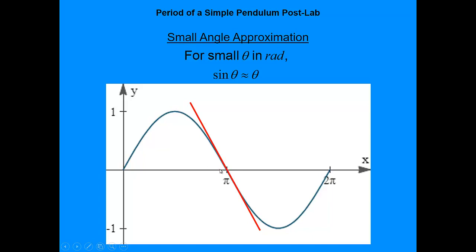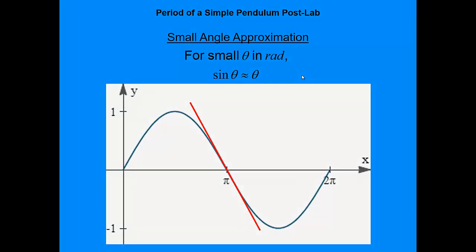If we go a little bit to the left of the equilibrium position, well, it pretty much acts like a linear function. If we go a little bit to the right, it still pretty much acts like a linear function. But notice when you start getting further away, it starts getting further and further off of being linear. So that's why for small angles, sine of theta is essentially theta.